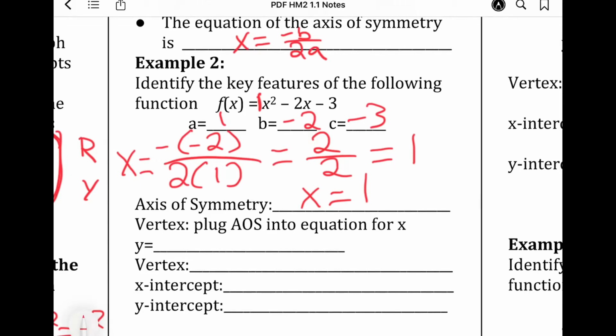Now for your vertex, you can plug in your line of symmetry for x and find y. So how you would do this is you would take x squared minus 2 times 1 minus 3 and find that answer.